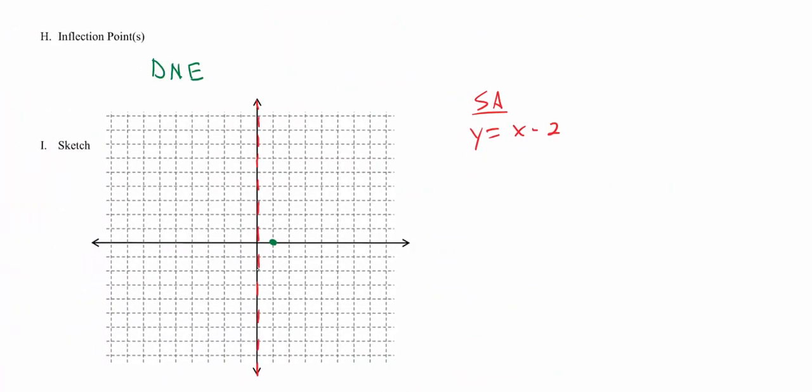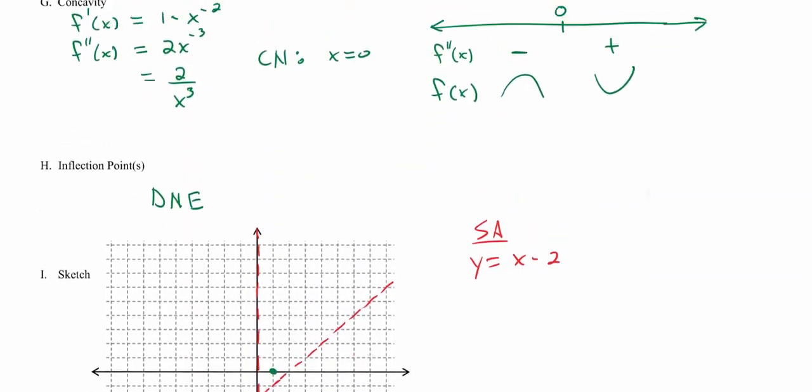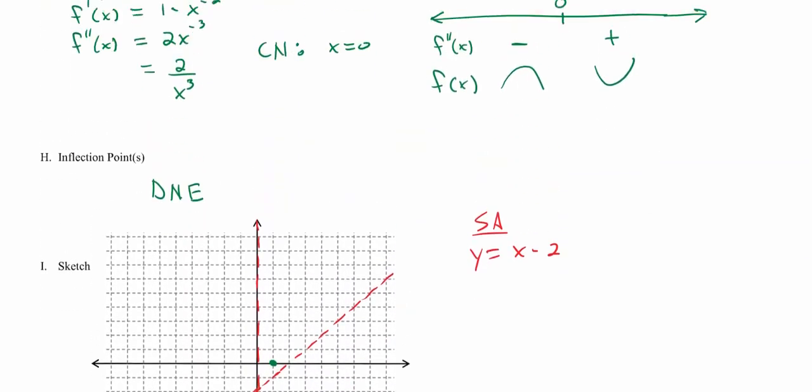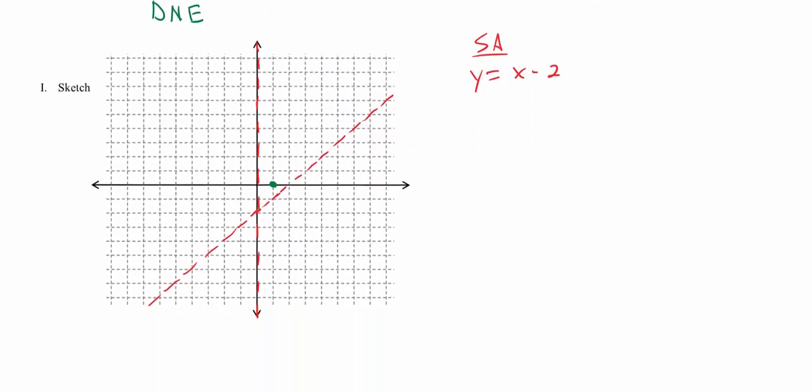So that's going to be from -2 and then going up like so. So something like that, right? Okay, what else do we know? Well, we know there's no inflection point. We know that it's going to be concave down on the left side of 0, right?